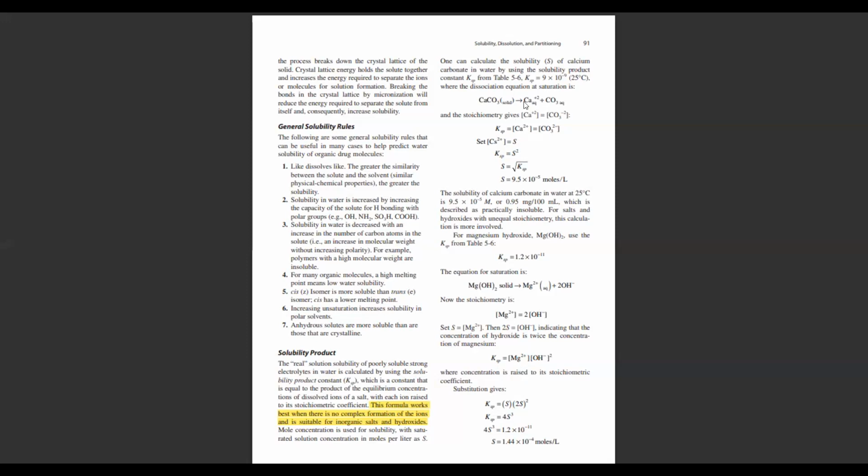Like when you see this one for magnesium hydroxide here down, they're saying set S, I'm thinking set solubility, equals magnesium, then 2S equals OH, indicating that the concentration of hydroxide is twice the concentration of magnesium. So it's just basically calcium. Like you see for magnesium and hydroxide here down, the S is the magnesium and the 2S is OH.